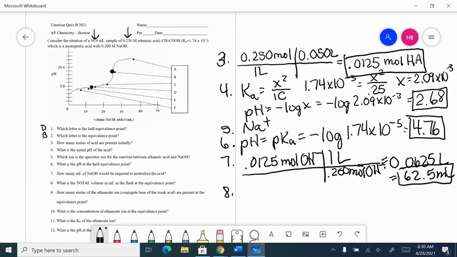Let's go on to number 8. What's the total volume in the flask at equivalence point? Remember that volumes are additive. So you take your initial volume and add it to the volume of hydroxide that you added.